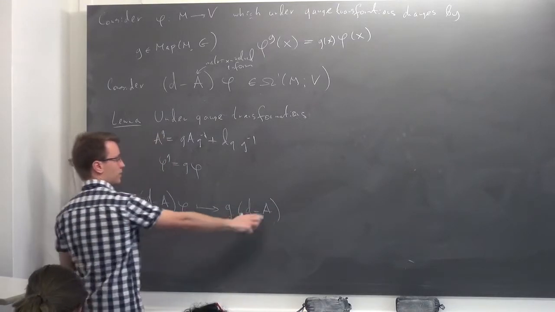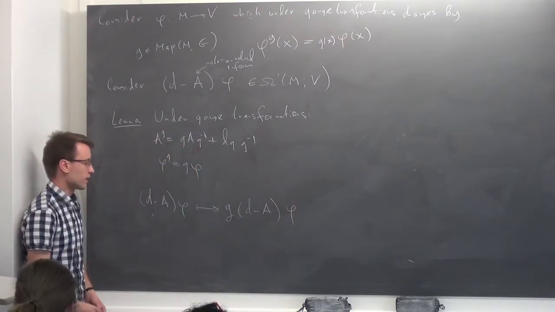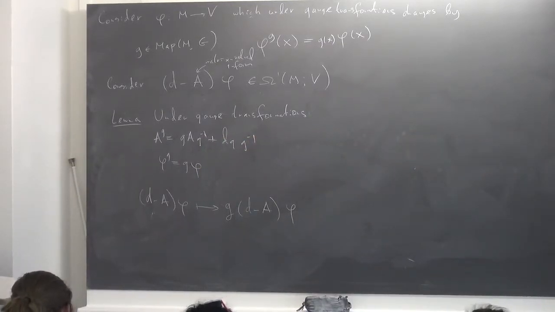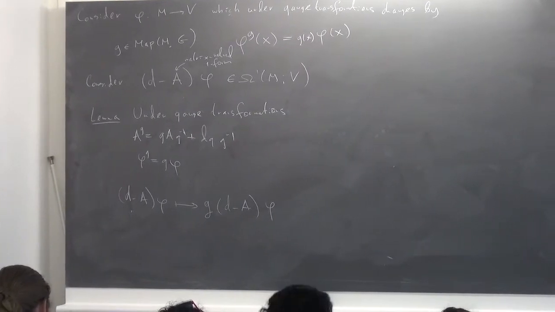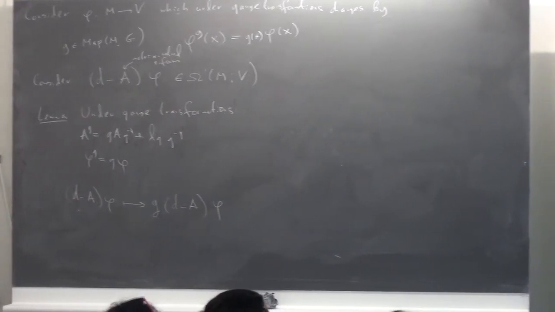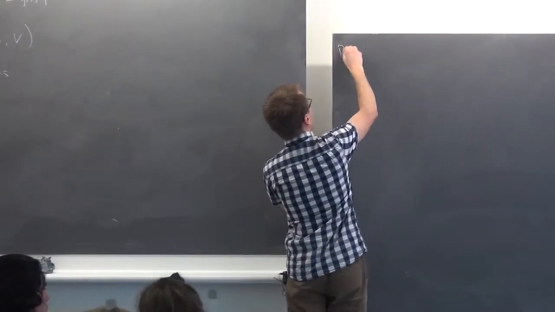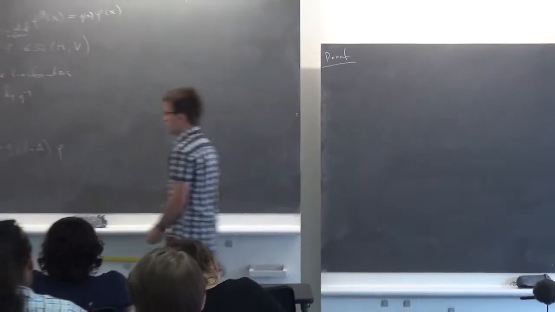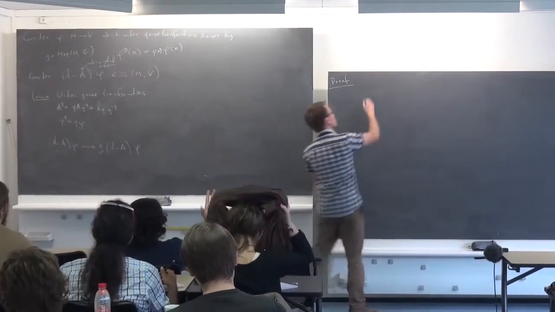You just multiply the whole expression by g on the outside. Okay, so let's check that. We just need to plug in the transformation for A and the transformation for phi and compute what we get.